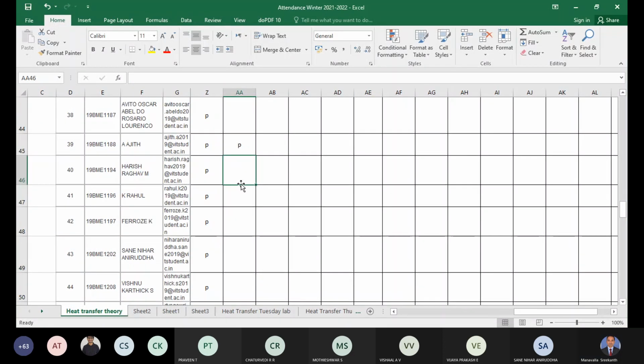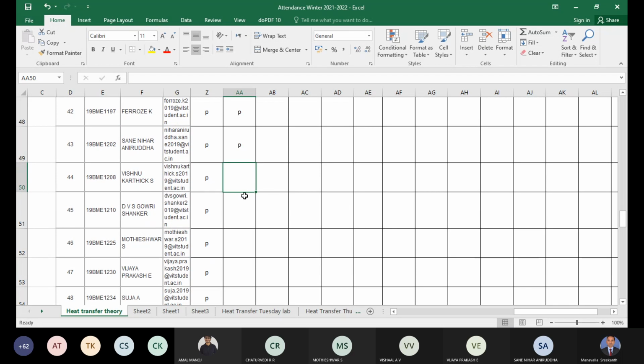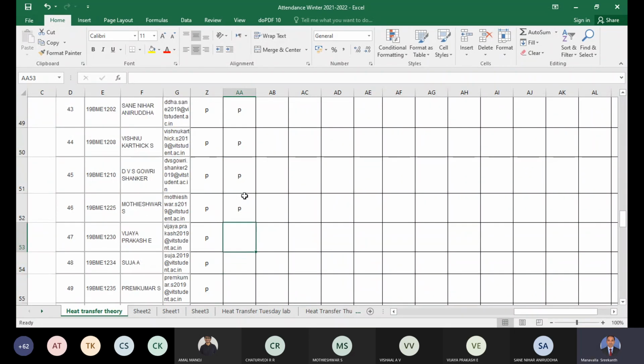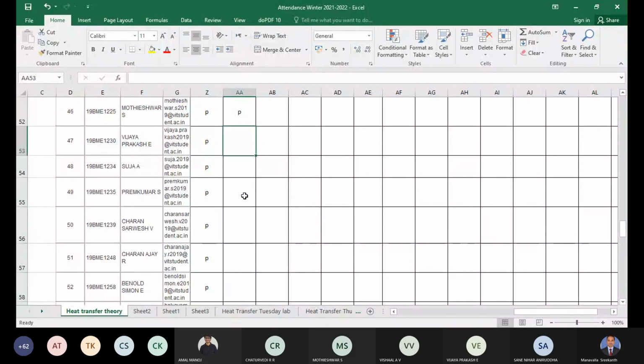Raghav, present, sir. Rahul, present, sir. Karthik, present, sir. Gauri Shankar, present, sir. Jay Prakash, yes, sir. Pooja, present, sir.